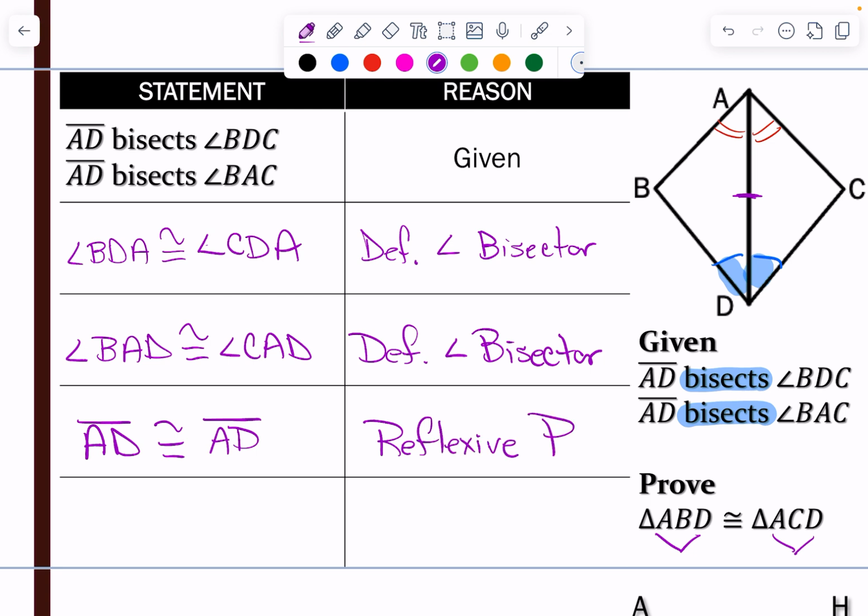Since it looks identical on both sides, that gives me that part. So now I've got two angles congruent and the side between them. So I have triangle ABD is congruent to triangle ACD by angle side angle.